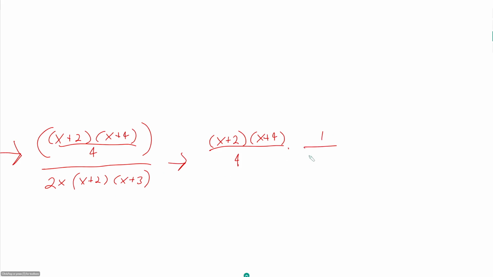So 1 over 2x times (x plus 2) times (x plus 3). Then my (x plus 2)'s cancel out. I'm left with just x plus 4, all over 8x times (x plus 3).